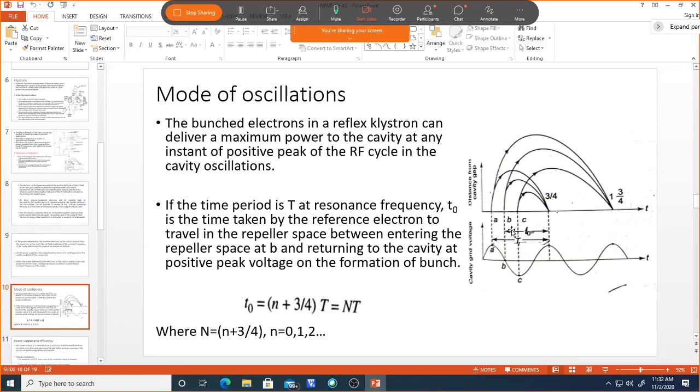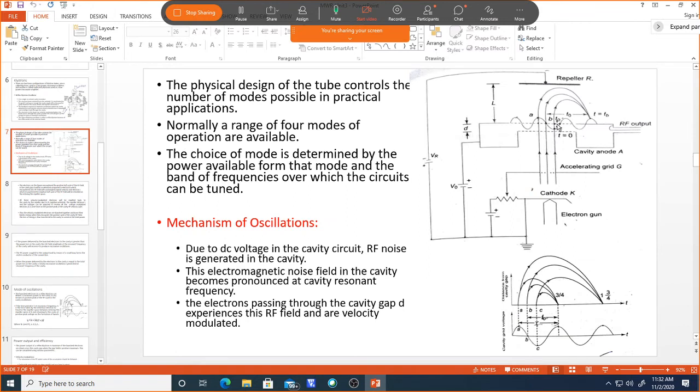If we take B as the reference electron, because there is no velocity increase or decrease for electron B, then T naught is the time taken by the electron to travel from the cavity into the repeller space and come back to the cavity.